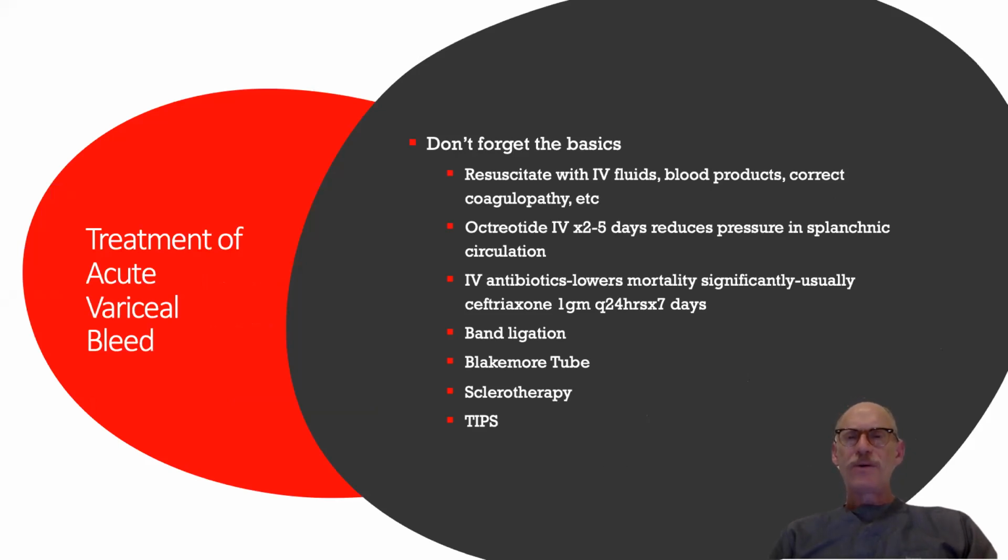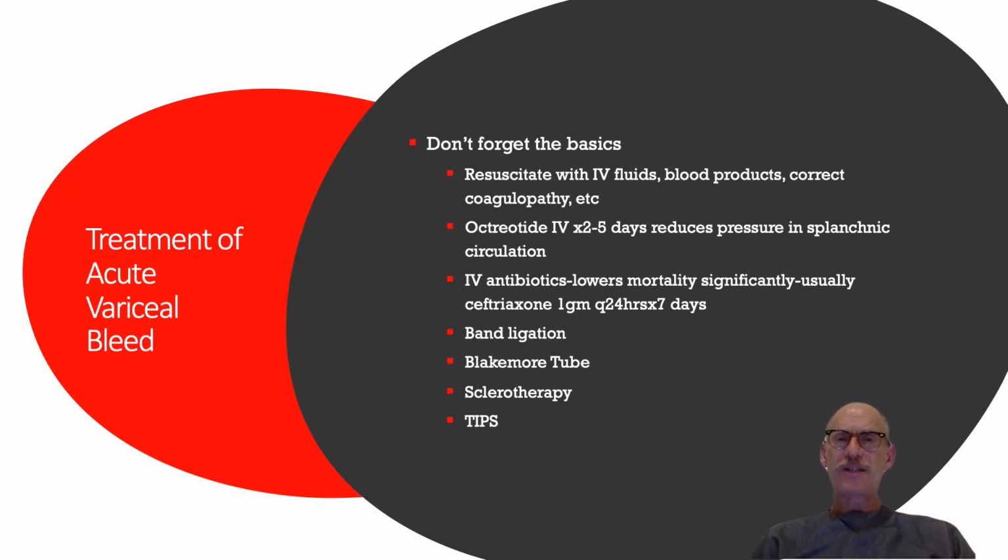Well, how about somebody who actually has a variceal bleed? We can't forget the basics, which includes resuscitating that patient with IV fluids, blood products, and correcting any coagulopathy which may be present. Another part of the basic treatment for a bleeding variceal patient is IV octreotide, which is given for 2 to 5 days to reduce the pressure in the splanchnic circulation and reduce pressure in the portal venous system.